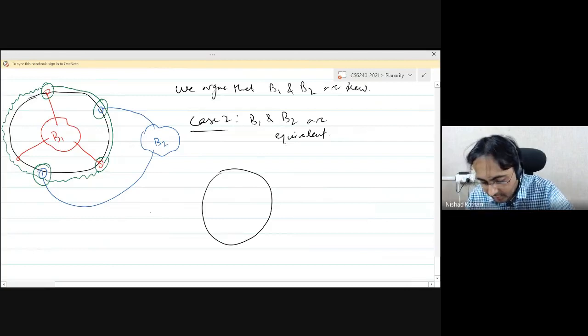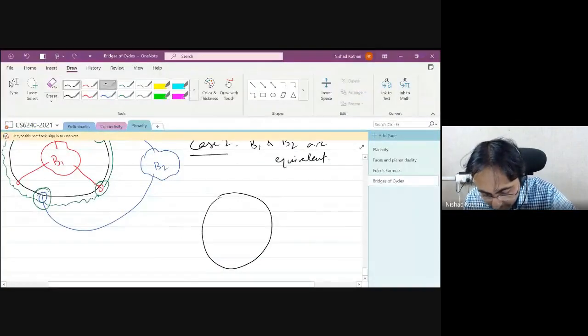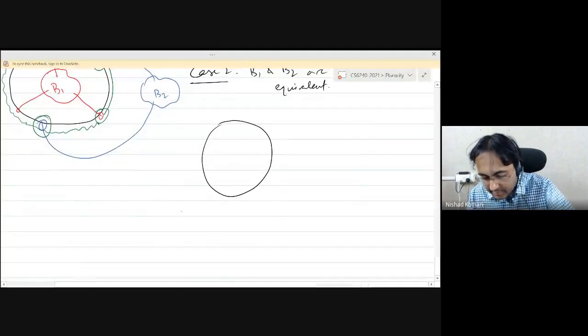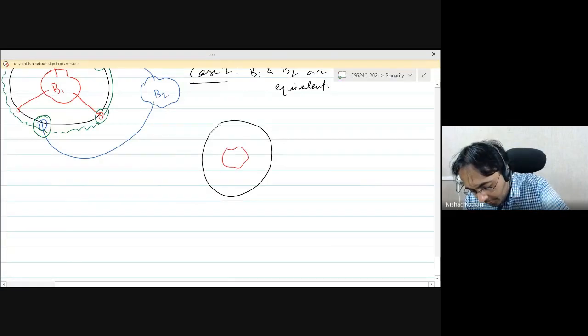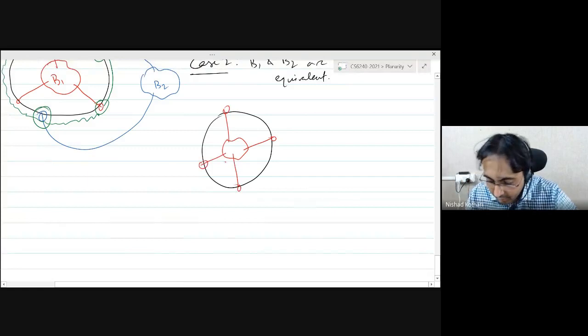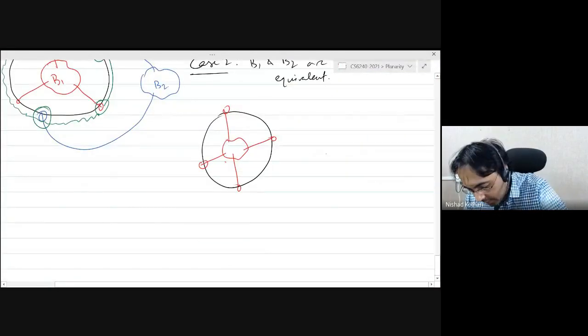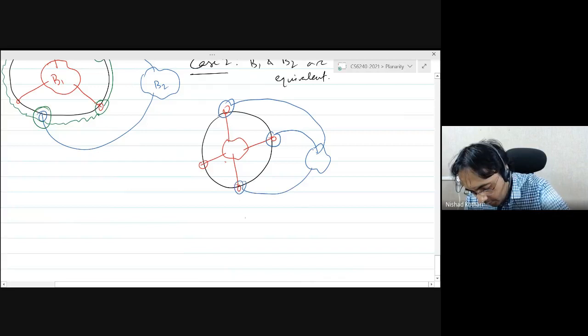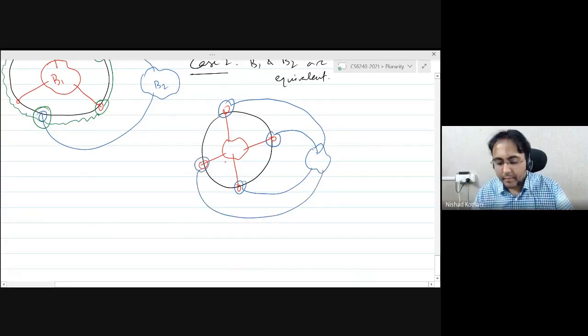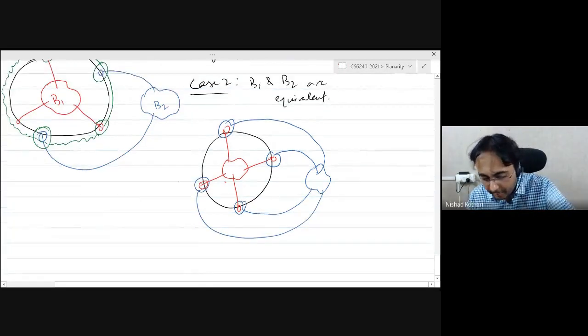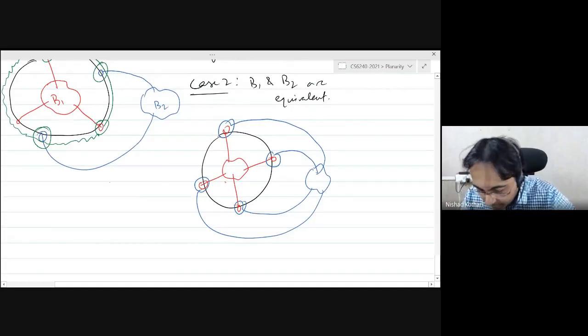If this is your cycle, and let's say you have two bridges with the same set of vertices of attachment, 1, 2, 3, and 4. And let's say you have the blue bridge with the same set of vertices of attachment, 1, 2, 3, and 4. Well, then let's call this B1 and B2.